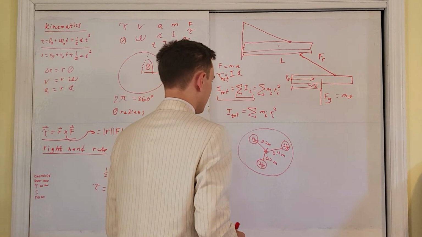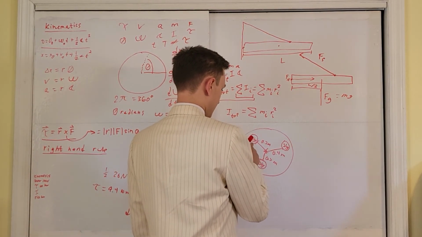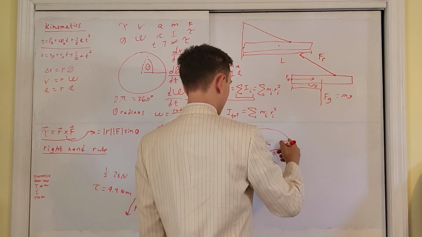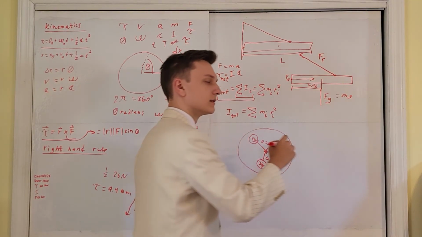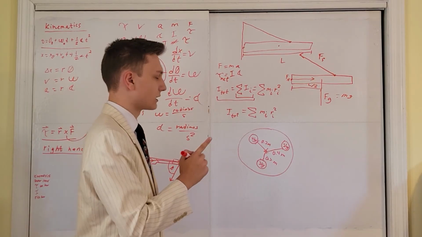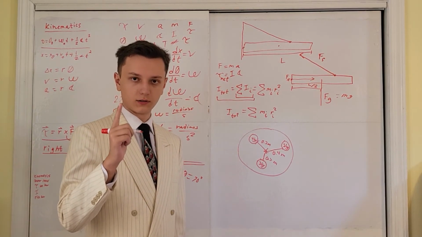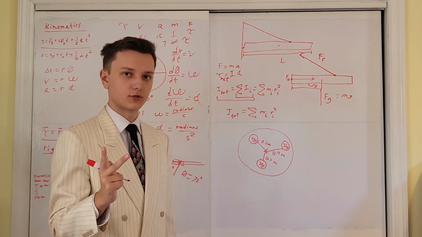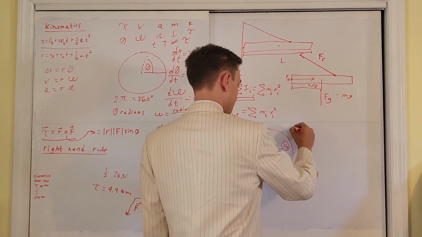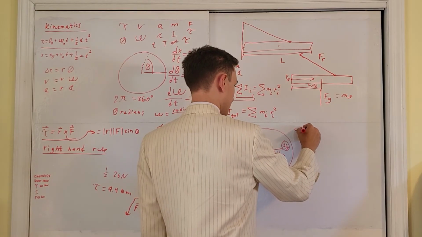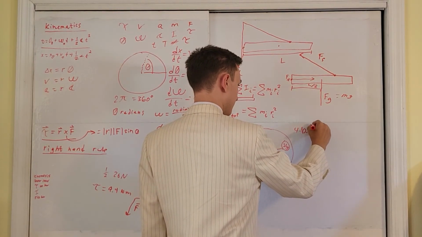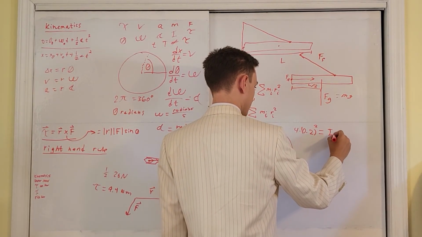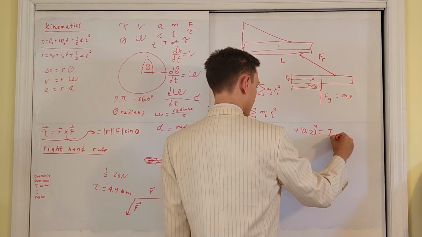Okay? So therefore, I would take the first contributor, I would calculate its moment of inertia. There are 2 words for this quantity I. It is called both rotational inertia and moment of inertia, and I'm going to use those words interchangeably. So I'm going to take 4, multiply it by 0.2 squared, and that is going to be the rotational inertia contribution from ball 1.